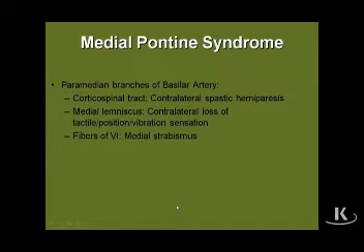Same long tract signs as we saw in medial medullary syndrome, but now because of the fiber involvement of cranial nerve 6, instead of having tongue weakness, we have an internal or medial strabismus because we've lost the ability to abduct an eye on the corresponding side. But again, same pattern. Two long tracts in this case with contralateral body and limb deficits. The localizing feature to medial pontine syndrome is the involvement of the fibers of cranial nerve 6.